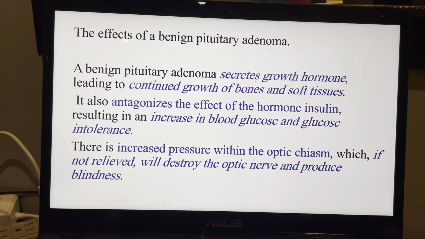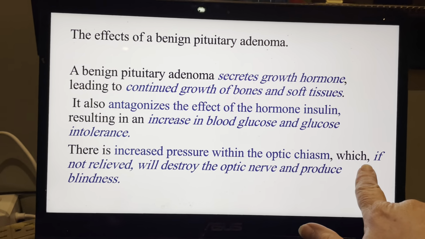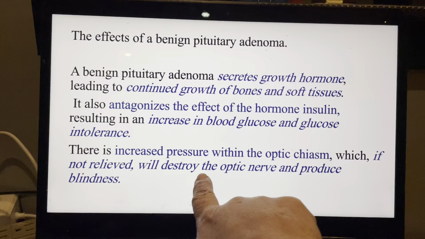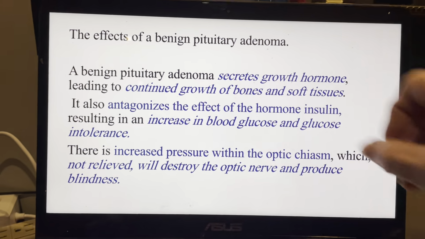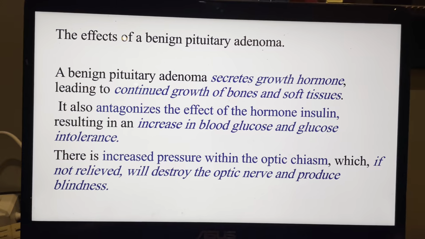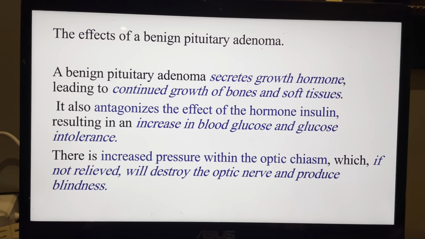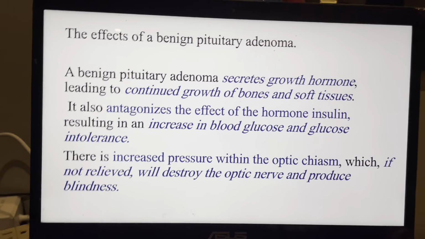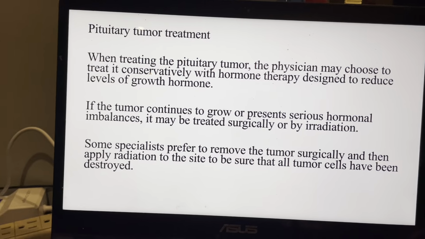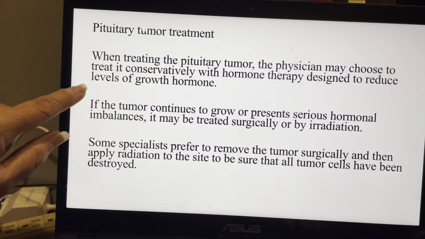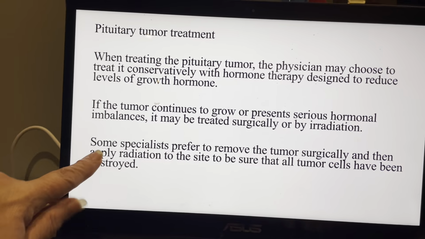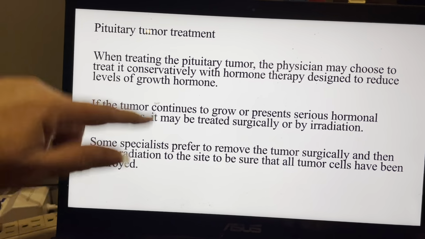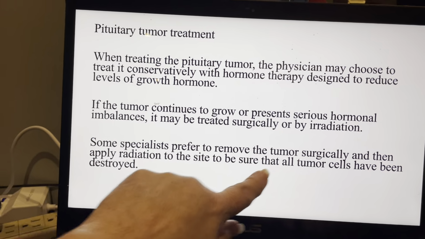There is increased pressure within the optic chiasm, which, if not relieved, will destroy the optic nerve and produce blindness when they got a dad-blame tumor in the middle of their head. We got to help them. And the treatment, all this is saying is he may choose to do it conservatively with hormone therapy. If it continues to grow, they may need to treat it surgically.